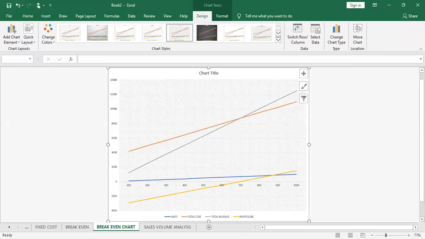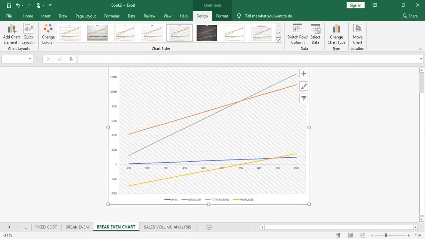Now let's see, where do we determine the break-even point here? Break-even point is where the profit line, which is this yellow line, meets the zero line. The zero line is here, and you see that it meets it not on the 700, but before the 700. That is why we have 694, closer to the 700. The same way where the total cost and the total revenue lines meet. Here, if you come down, it will not be exactly on the 700.